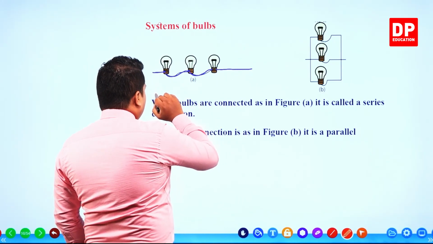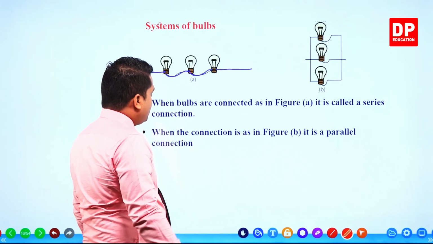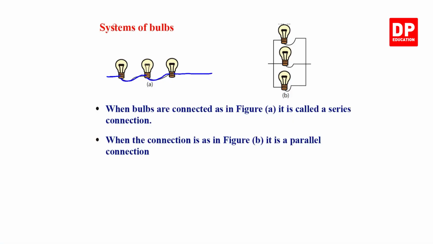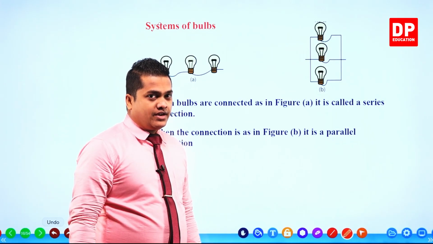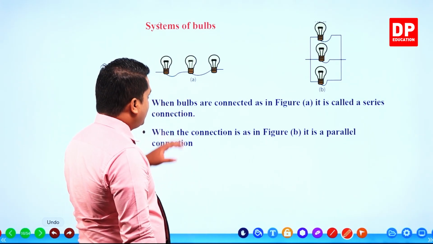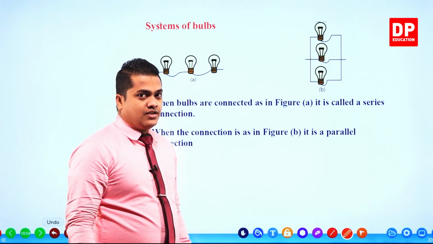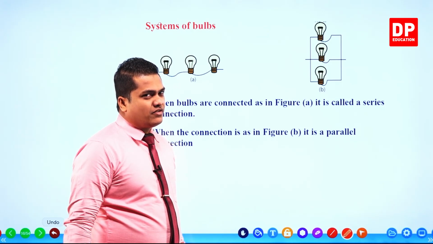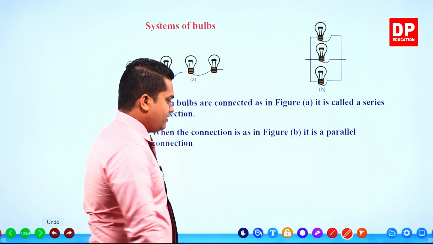There is a small problem in the figure right now. When two terminals are connected to each other, all three bulbs should be lighted up. So there is a small problem here. What's that problem?